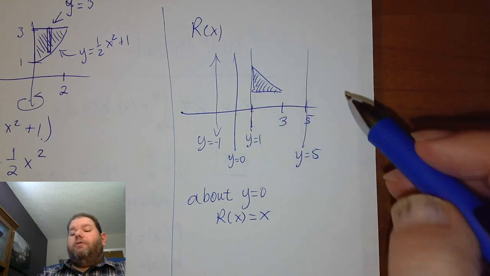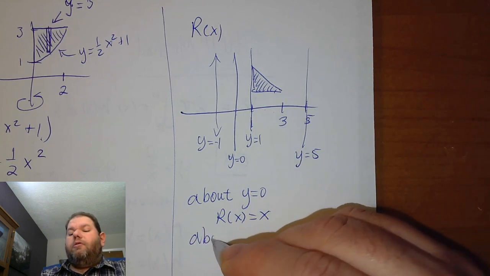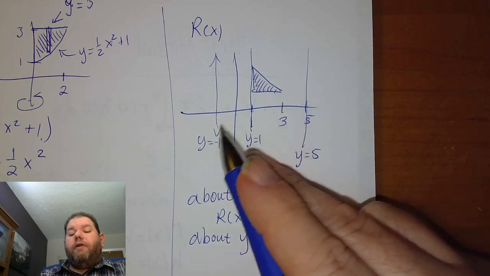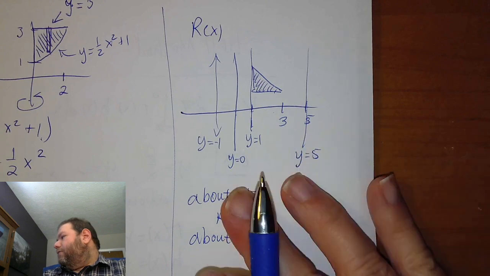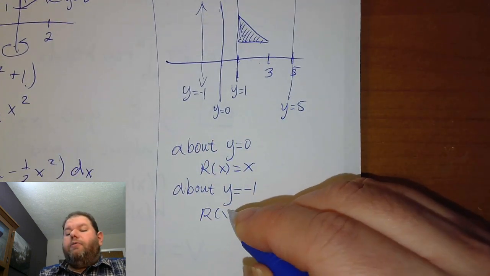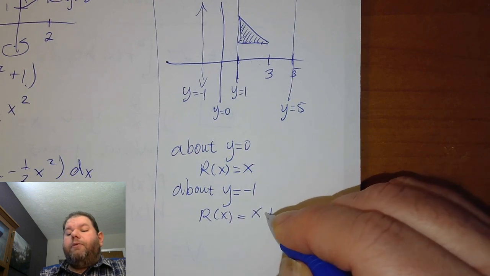Because going around 0, that means the x value is exactly the distance of that value from 0. Now, if we revolve this figure around -1, r of x would equal x plus 1.